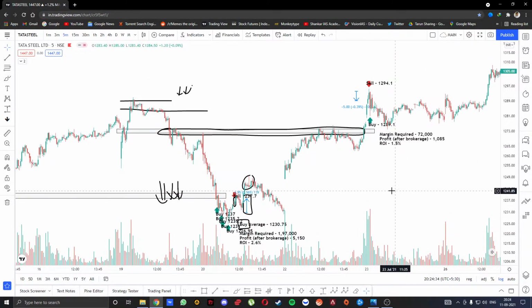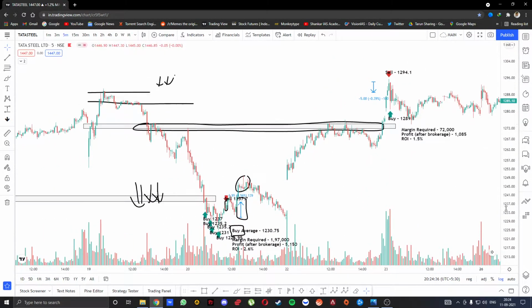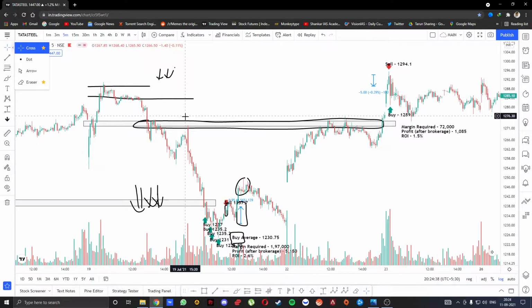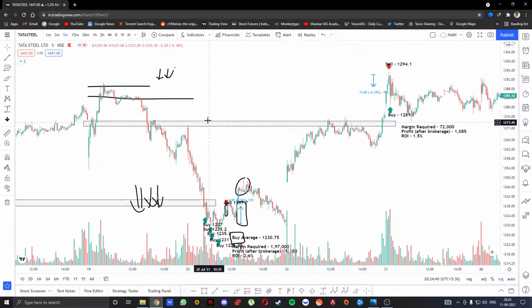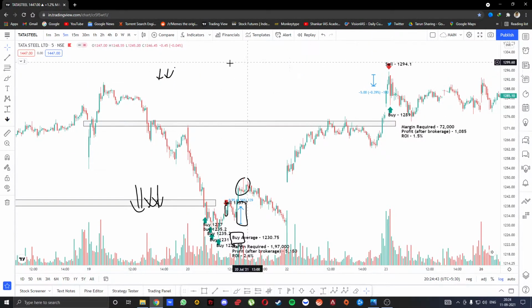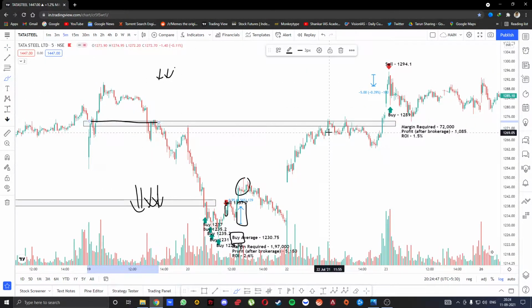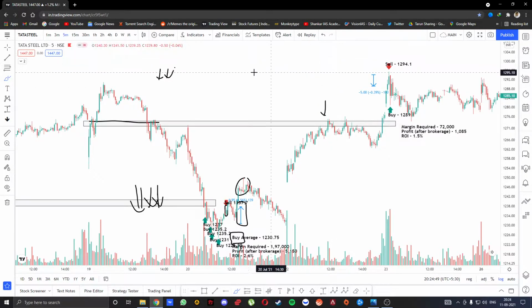Why? Again, I'm trying to explain why I'm doing these trades, because what mostly retail traders will do is, we have to assume there are two types of retail traders.